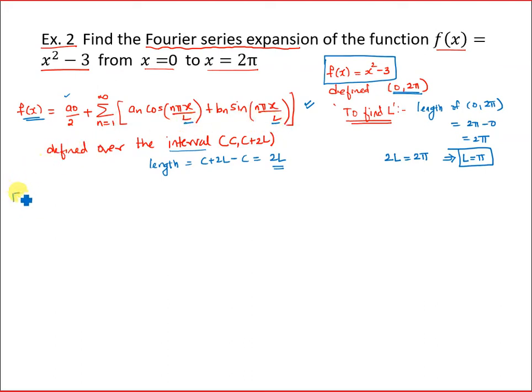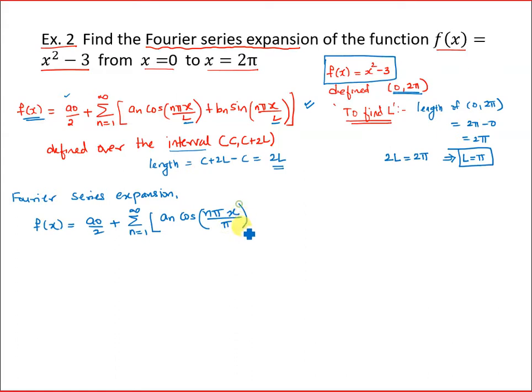So we get the Fourier series expansion of our function f(x), which is a0 over 2 plus summation n from 1 to infinity a_n cos n pi x over, in place of L, now we will substitute pi, plus b_n sin n pi x.